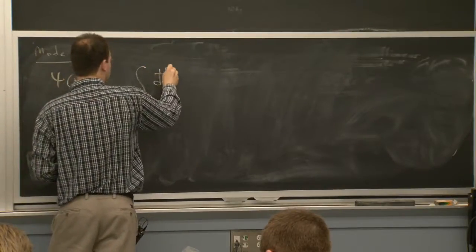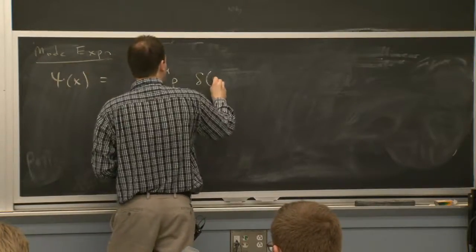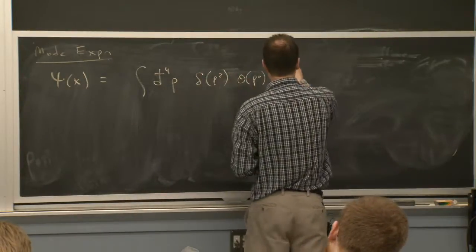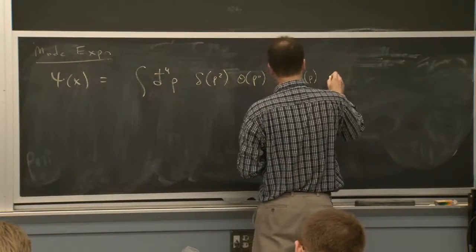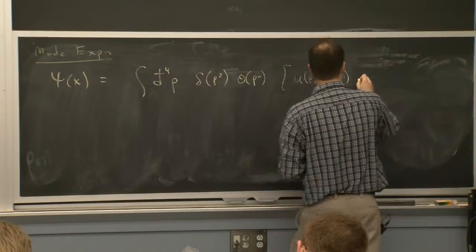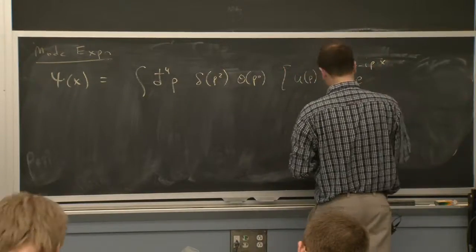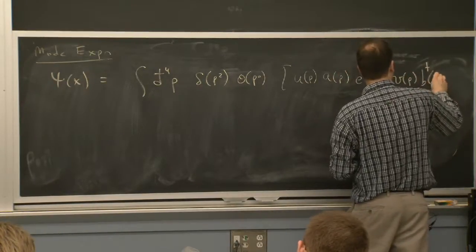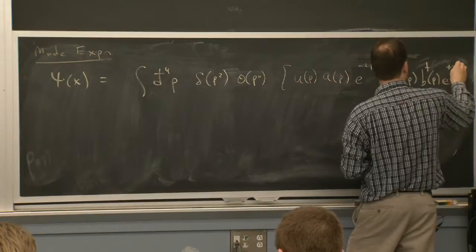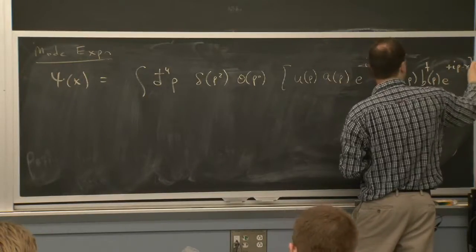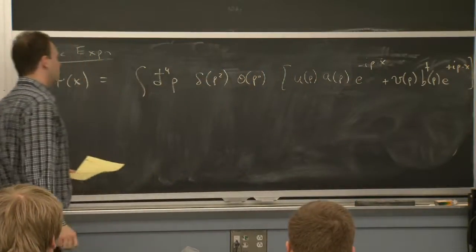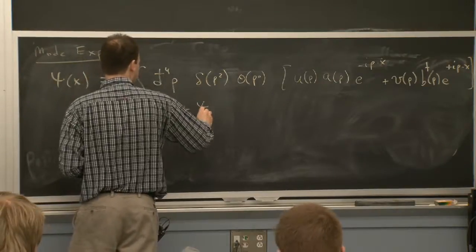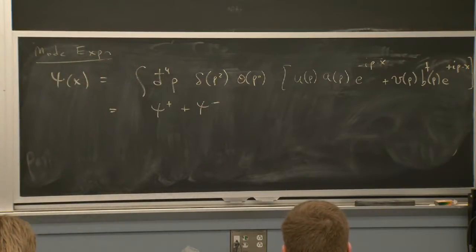I can write it in a covariant type notation with a d4p, if I put in the proper projection, and then we have the quark part with the e to the minus I p dot x, and then we have this antiquark part, or b daggers, and the e to the plus I p dot x. So let me think of that as a psi plus plus a psi minus. And we've so far only talked about psi plus.